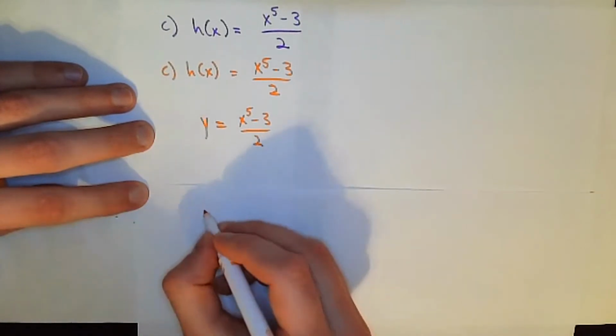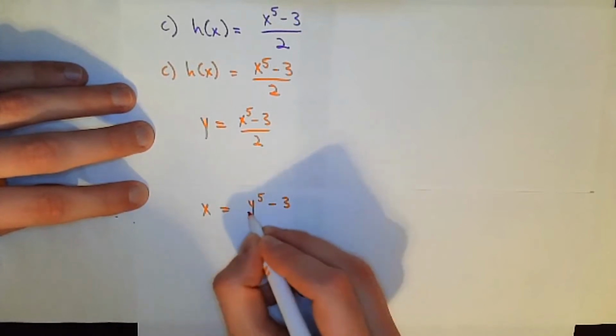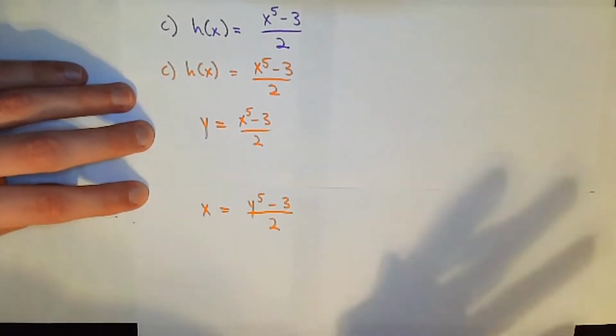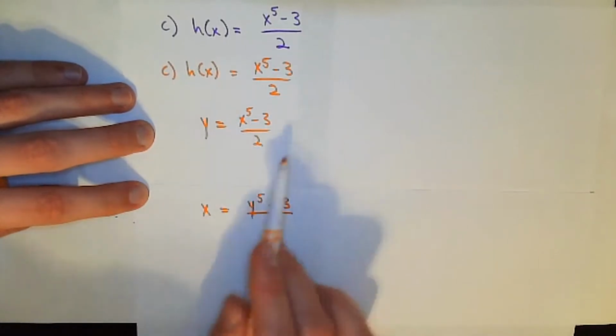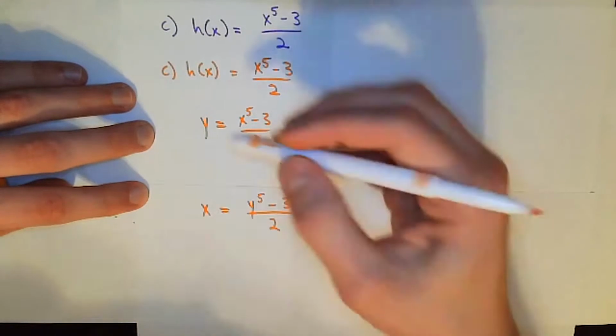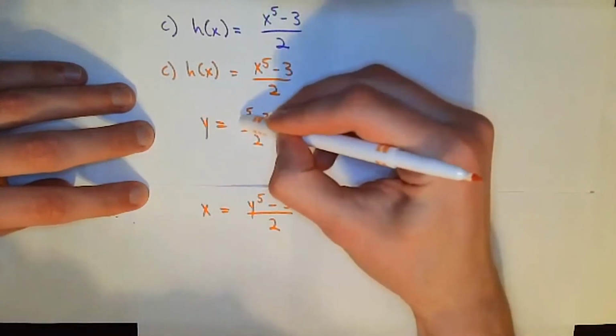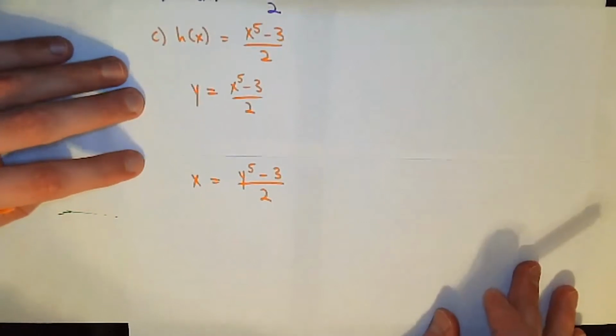So I say x is equal to y to the fifth minus 3 over 2, only the letter swap. Everything else stays exactly put. The little exponent of 5, the minus sign, the 3, the fraction, the 2, all of it stays put except the x and the y. It's like you literally erased the y and wrote x and erased the x and wrote y. Everything else is exactly the same.